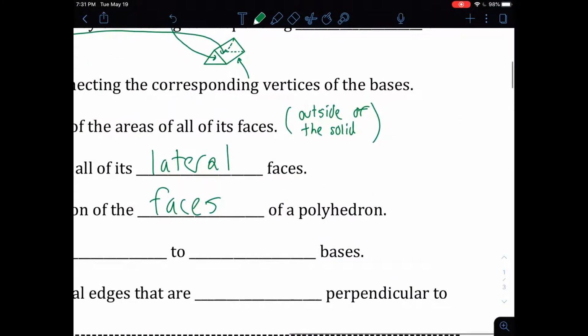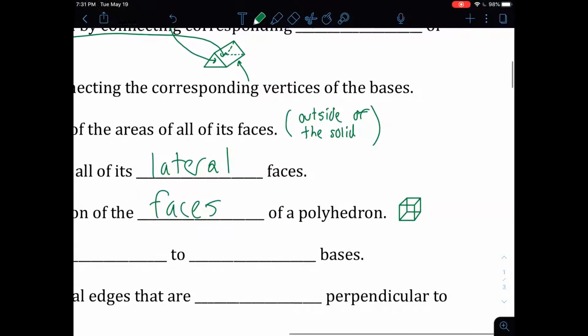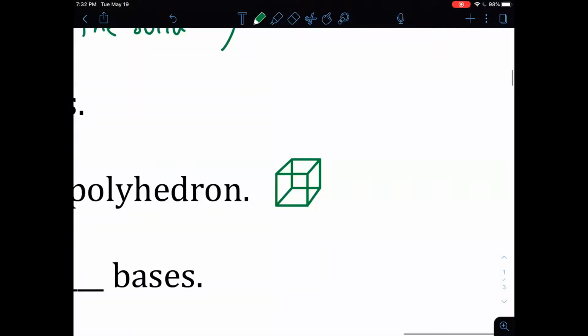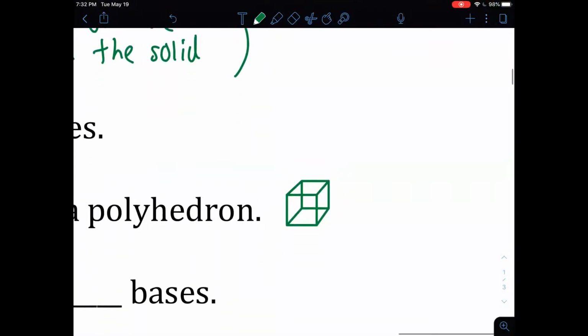So if I draw a cube, it's going to be sloppy, but we'll do the best we can here. Okay, so there's a cube. I don't know if you guys have seen the net of a cube before, but it looks like this.